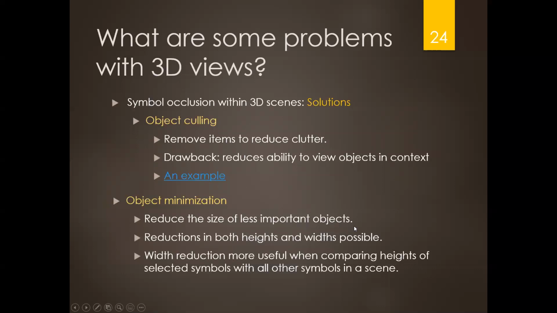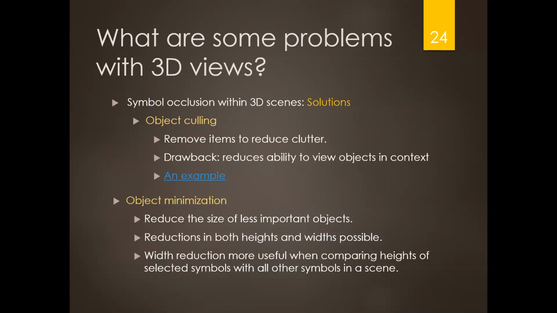Say we want to see building B, but it's blocked by building A. Let's just make building A very small, or reductions in both heights and widths are possible. Again, make it small. Width reduction is more useful when comparing heights of selected symbols with all other symbols in a scene.